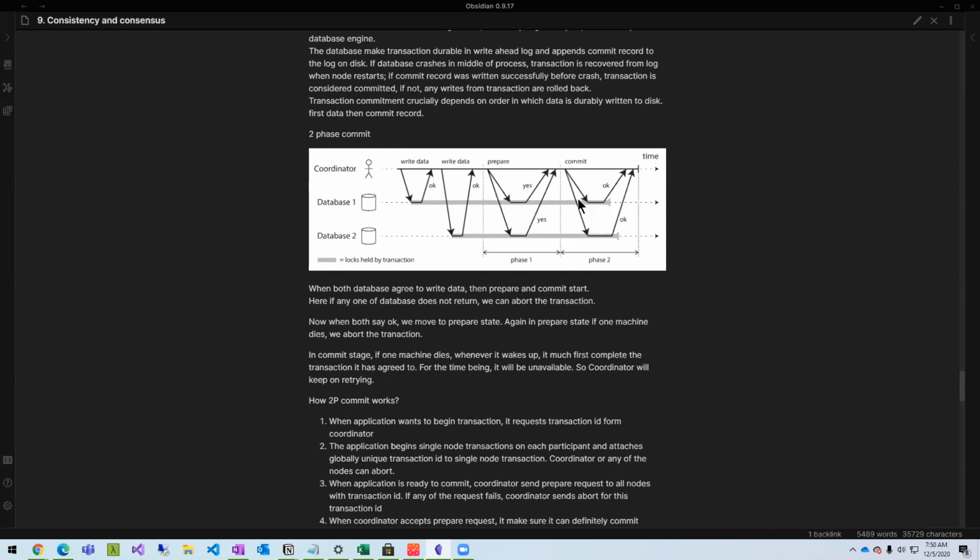So that's why, until the final decision is made whether the row has to be committed or not, these rows will be in the locked state, right?